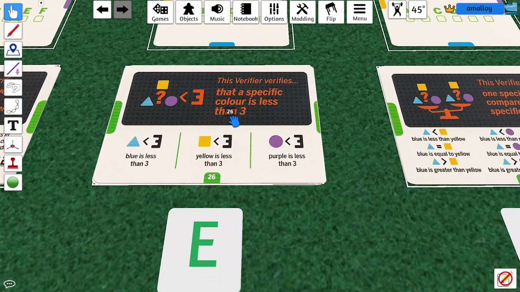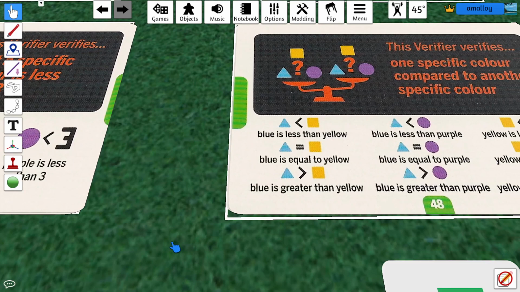I was hoping I might be able to say that, oh, if we see that yellow is less than 3, then something has become redundant. Well, blue equals purple would be impossible.